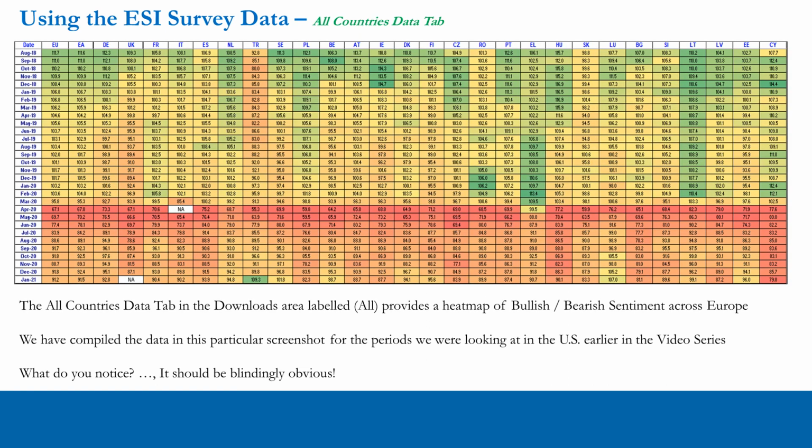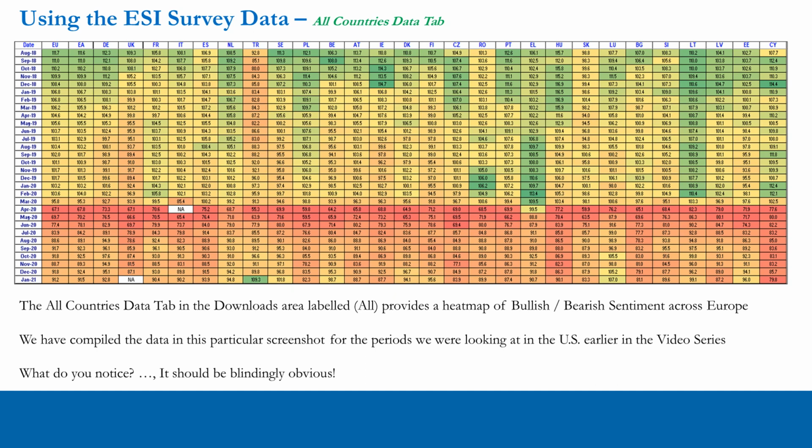You'll notice in the main download for the ESI, we have a tab called the All Countries Data tab. This provides a heat map of bullish and bearish sentiment across all of the countries in not just the Eurozone, but also the European Union.